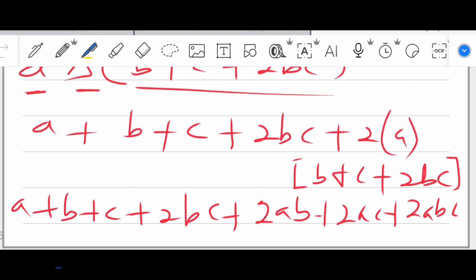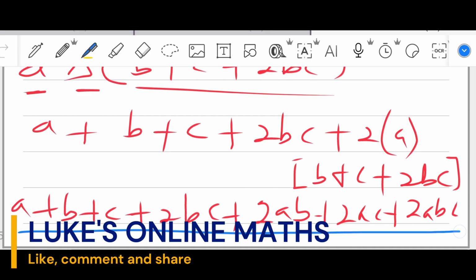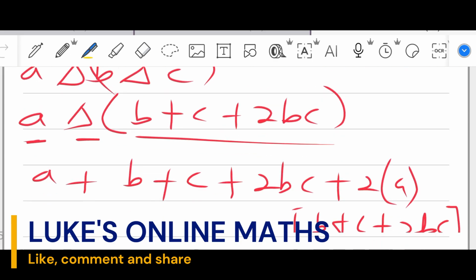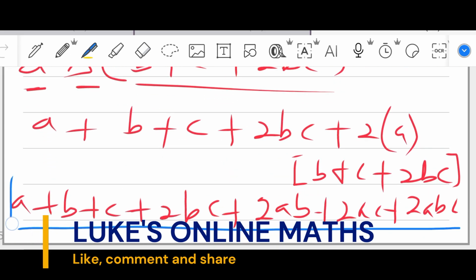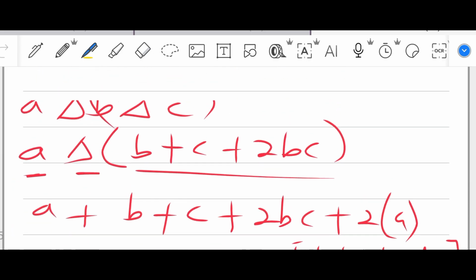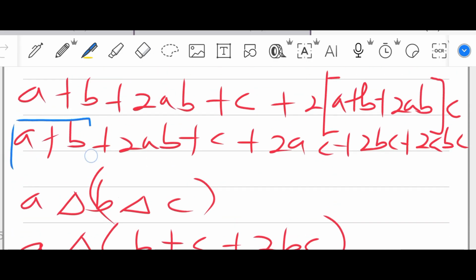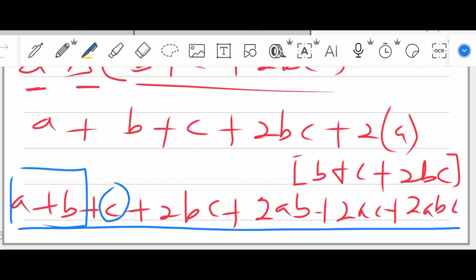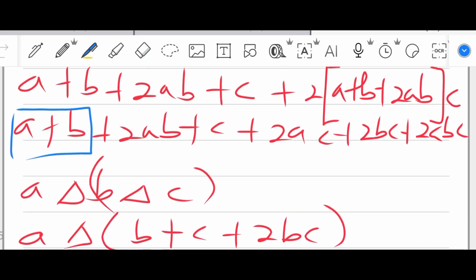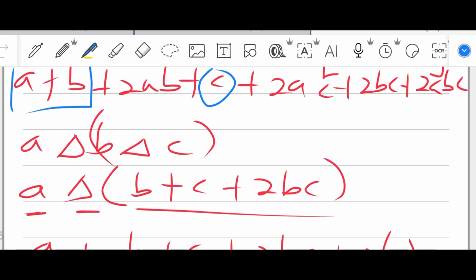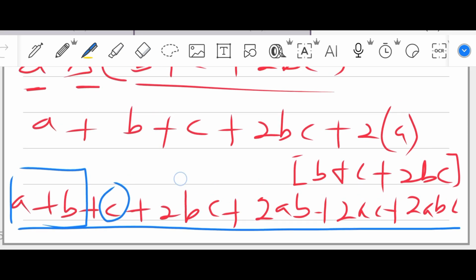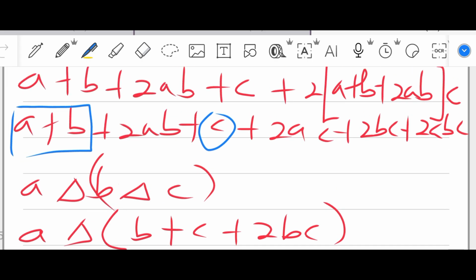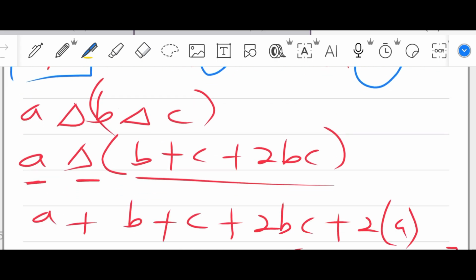Right, so let's compare what we have for the right hand side to the left hand side. So let's do cancellation to see if they are equal. For the start, we have A plus B. Let's identify A plus B in the left hand side. We have A plus B, so that is done. There's C standing alone, and we find C standing alone here. Then we look for 2BC standing alone, and we have 2BC there.